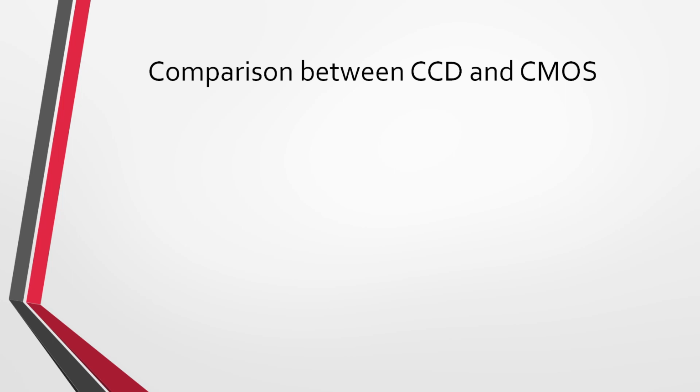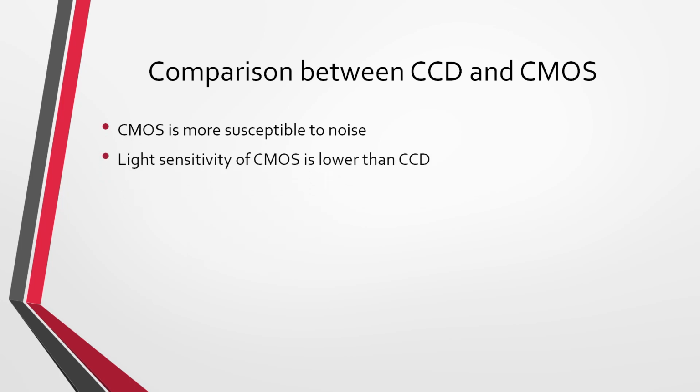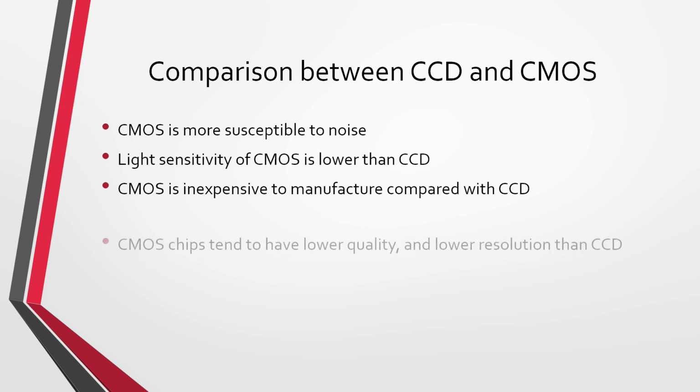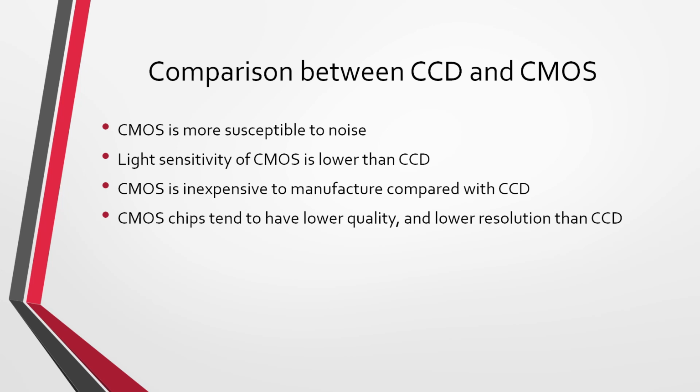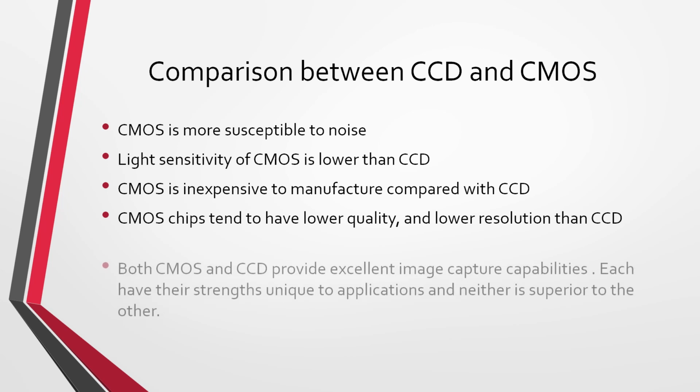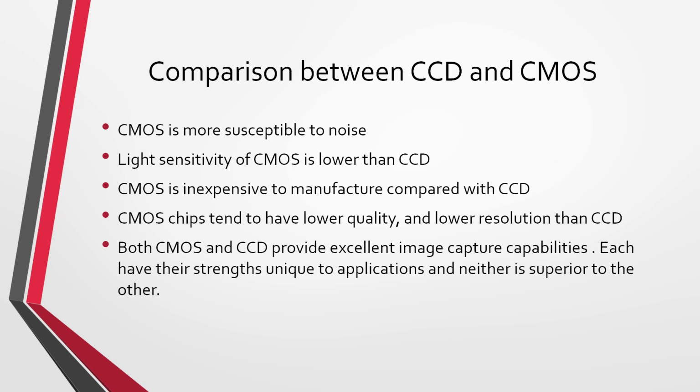Let's compare CCD and CMOS. CMOS is more susceptible to noise. Light sensitivity of CMOS is lower than CCD. CMOS is inexpensive to manufacture, while CCD is a more expensive manufacturing process. CMOS chips tend to have lower quality and lower resolution than CCD for the most part. Both provide excellent image capture abilities.